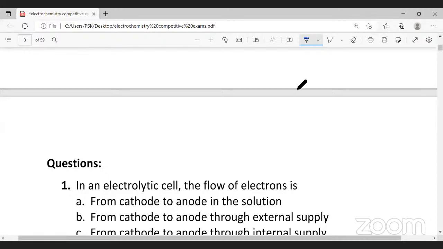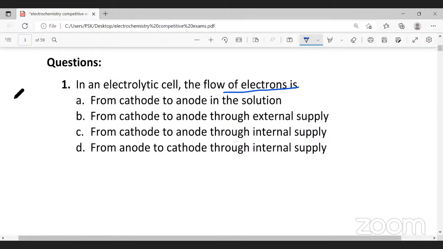The flow of electrons is from cathode to anode in the solution, or cathode to anode through the external supply, or from cathode to anode through the internal supply, or from anode to cathode through the internal supply. What's the answer? In the electrolytic cell, the current flows from, no, not the current, electrons flow from anode to cathode through the internal supply.